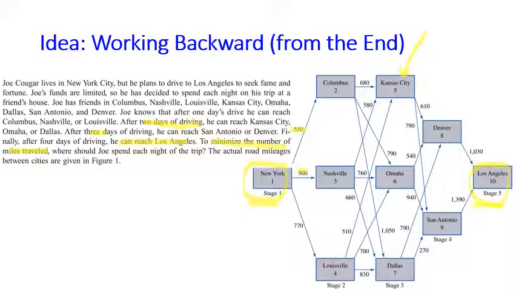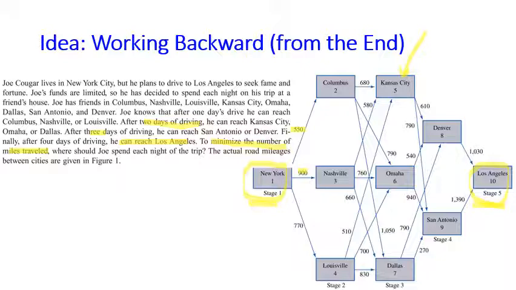And again, the purpose is that we would like to minimize the distance traveling from New York City up to Los Angeles. So to formulate this problem and also later to solve this problem, we are going to use the idea of working backward from the end. Because when we look at this problem near the end, it becomes a simpler problem.